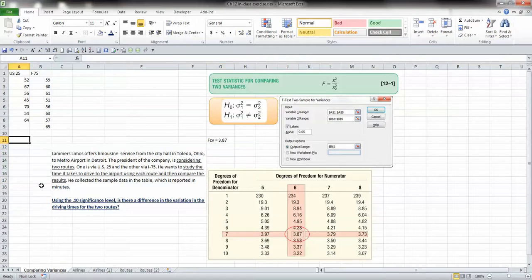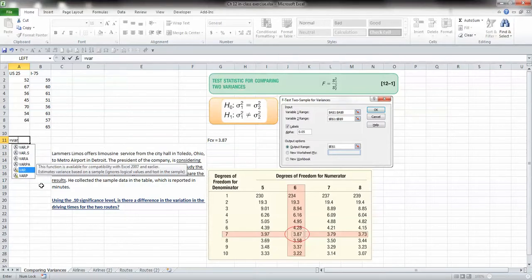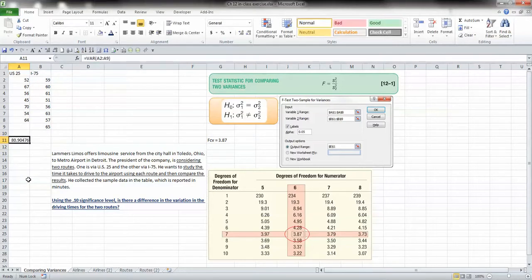So we can calculate our variance, and we use the sample variance here, and I'm including the blank cell, and you'll see why in just a second, so that I can just copy the formula over, and we have the two variances.